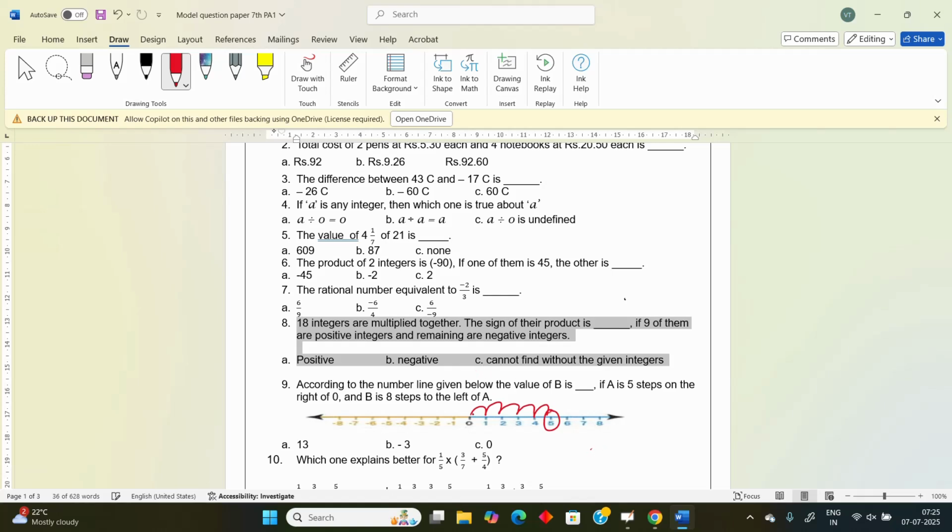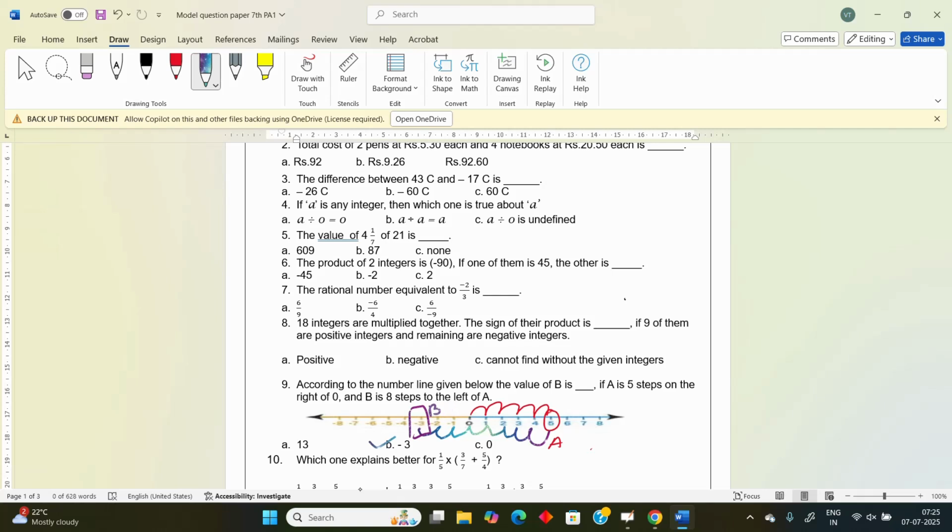And next, what they are telling is B is 8 steps to the left of A. Here we got A. 8 steps left of A, we have to identify where it will come. 8 steps we have to go back: 1, 2, 3, 4, 5, 6, 7, 8. Here we get the B value. So the value of B we get is negative 3. Here is the answer.